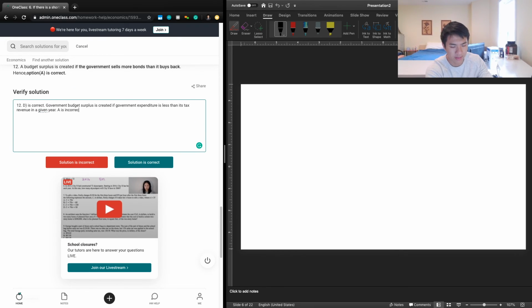A is incorrect because while selling more bonds than buying them would increase government revenue, it does not necessarily lead to a budget surplus because the government could spend proportionally more and still run a deficit.